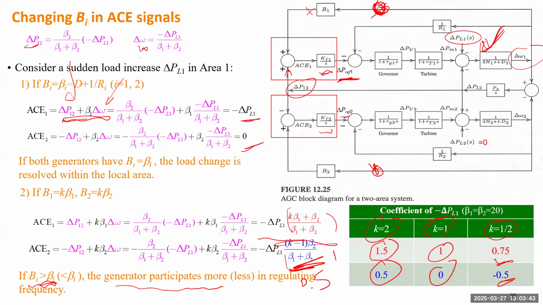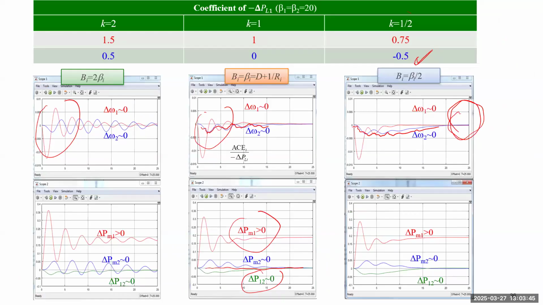It may have different time performance. Some will recover faster, some will recover more slowly. But recovering faster doesn't mean it will be good, because you will see more oscillation, right? So you need to pick a proper value for B.